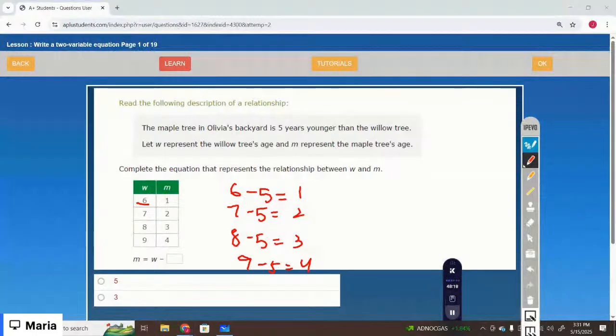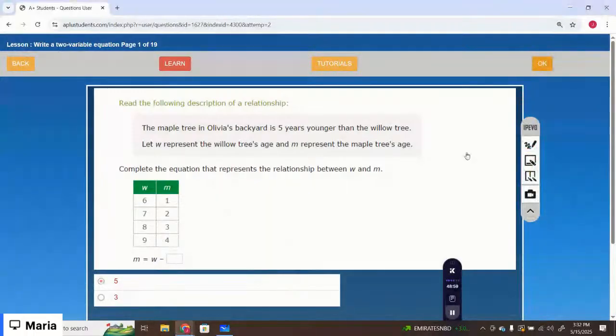So that means you need to subtract 5 every time. The correct option is W minus 5.